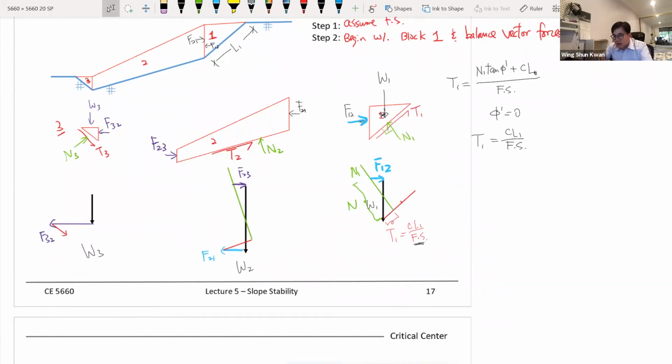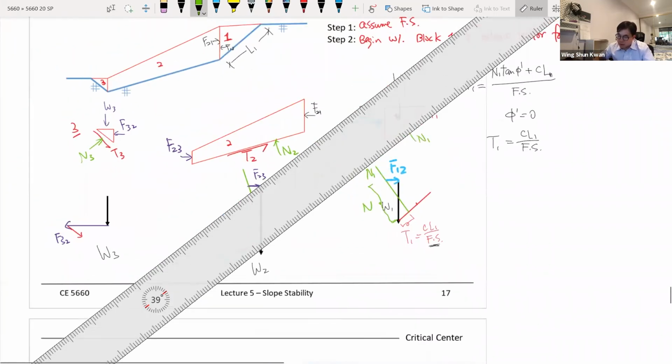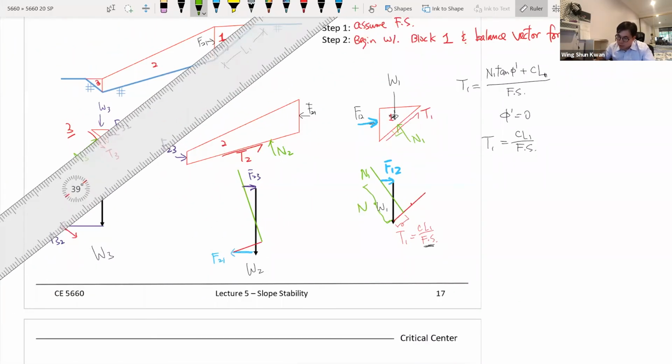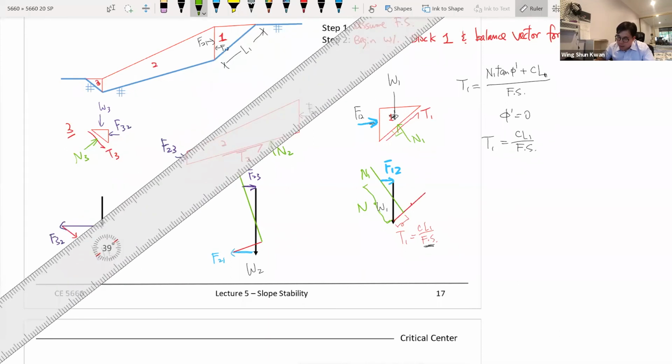If I'm at this point, you see this is a perfect example. My force is at the right orientation, but the end is not closing when I go back to my original point.